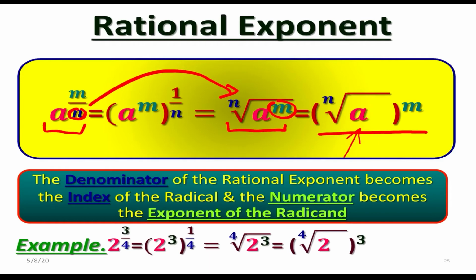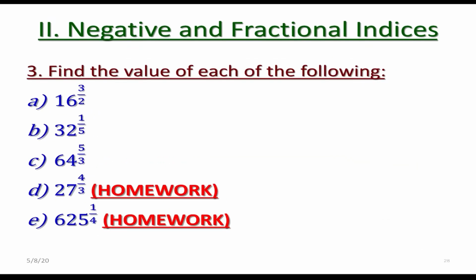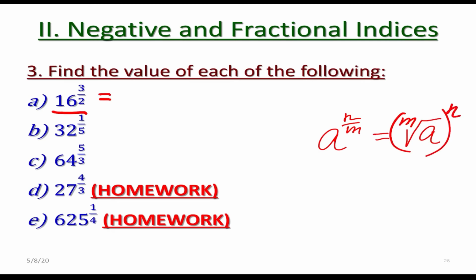It also could be written in forms of radicals or roots. Now, let's evaluate the following fractional indices. Let's say we have 16 to the 3 over 2, and we want to evaluate. In other words, we want to find the value. So remember that connection that you were given before: a to the m over n power is the same thing as the nth root of a raised to the mth power.